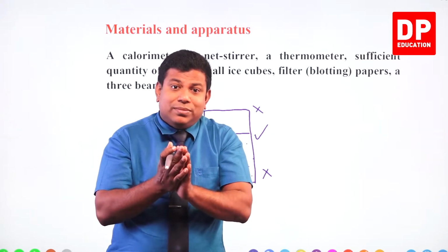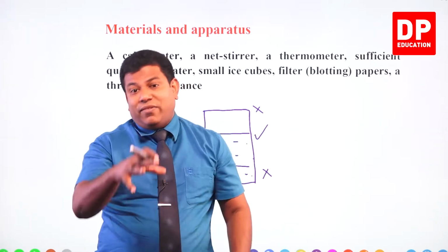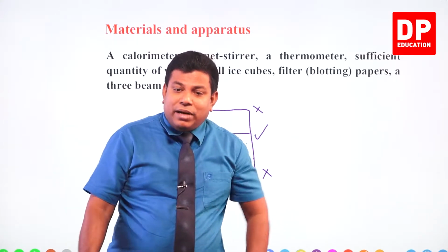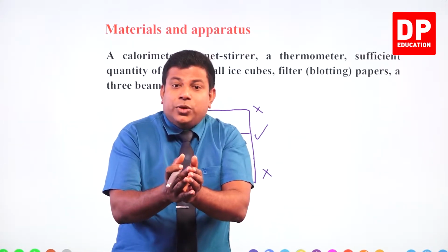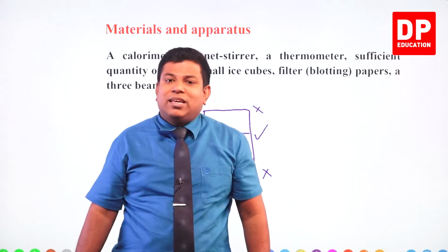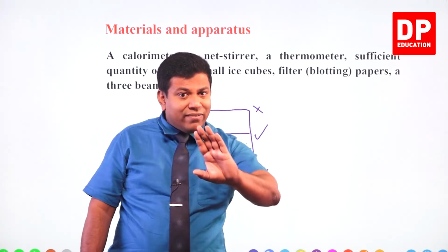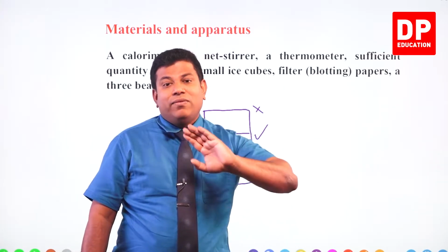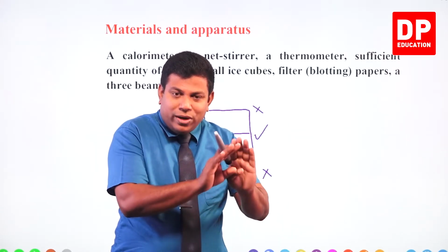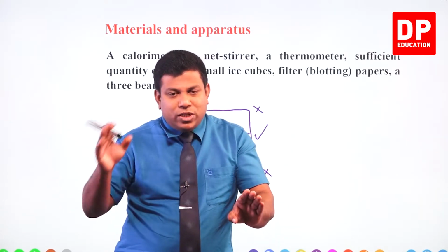Then what happens? When you take it as an ice cube, the outer surface might be at 0 degree, but the inner core of that ice cube may not be at 0 degree. It might be at minus 2, minus 3, minus 5 degrees, which will have error in our calculations. Why? We assume the ice cube is at 0 degree. A 0 degree ice cube immediately changes to 0 degree water.